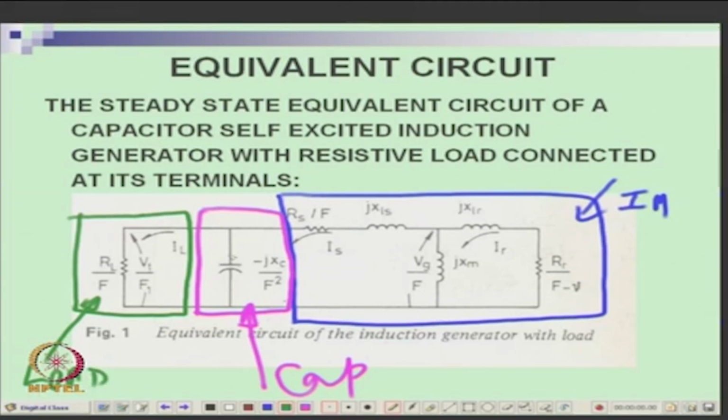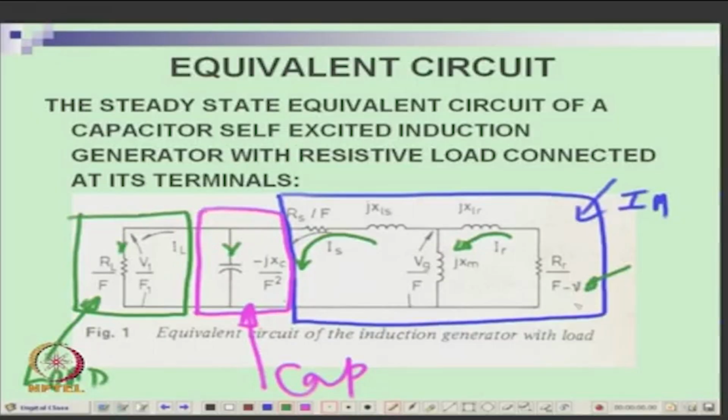If you look at this, one thing we say is there is a current here which is the stator current which is getting out of the machine. IS is the stator current, part of which goes into the capacitor and part of it goes to the load. There is a rotor current here which you can't have access to, you can't measure the rotor current, because it is in the squirrel cage rotor, and it is running at the speed nu per unit speed.